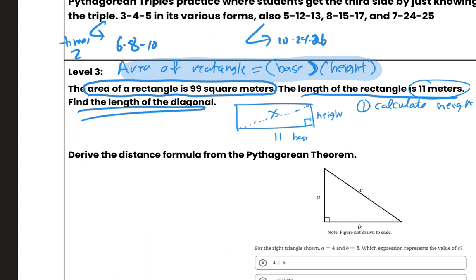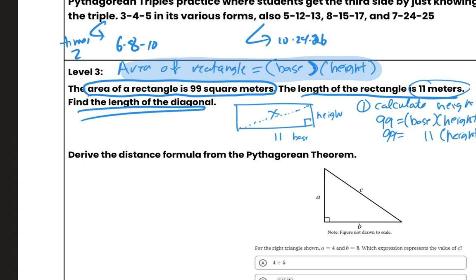Well, we know that the area is 99. So we know 99 is equal to the base times the height. That means 99 is equal to 11 times the height.